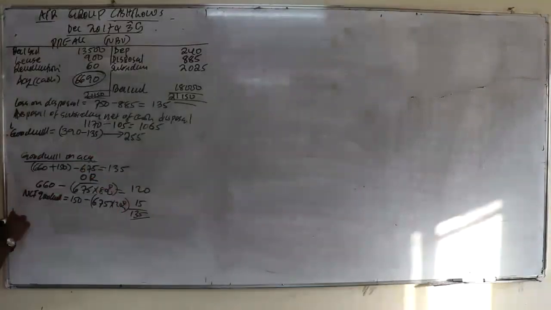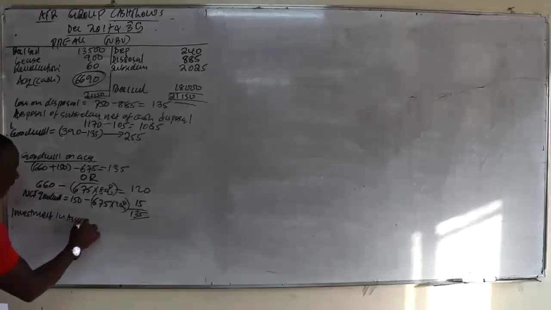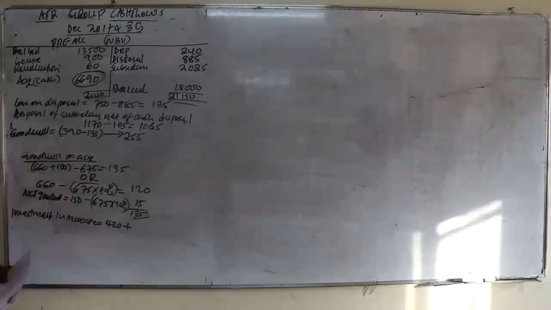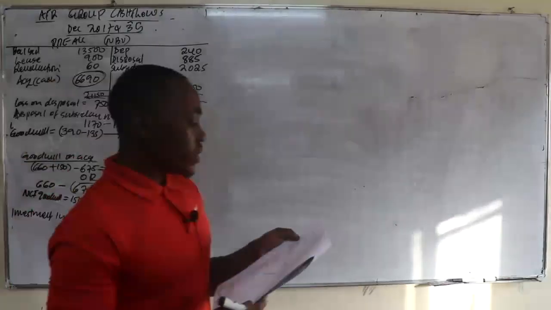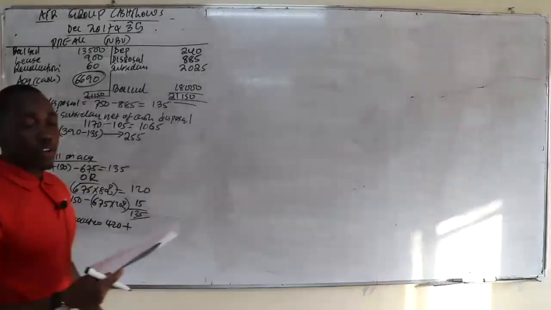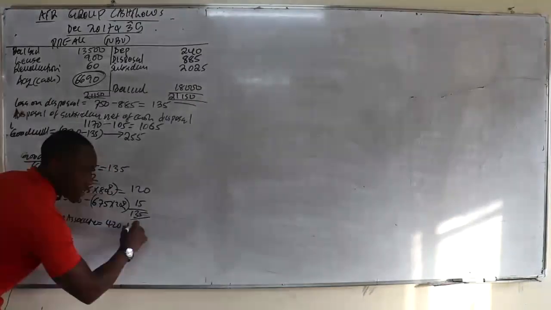Then we have investment in associate. How much is the opening balance? It was 420, and in the income statement and other incomes, we have share of profit after tax in associate. You add or you raise? You add. They made a profit of 144.